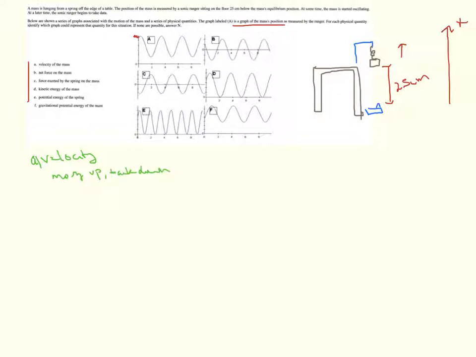And for the force diagram above equilibrium, there will be gravity pointing down always, but when it's above equilibrium, the spring force will be pointing this way.